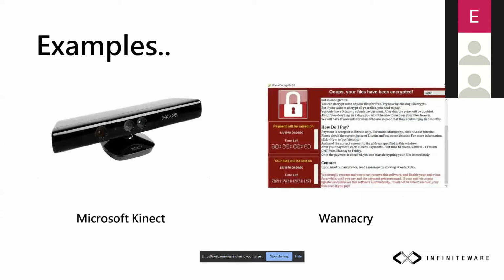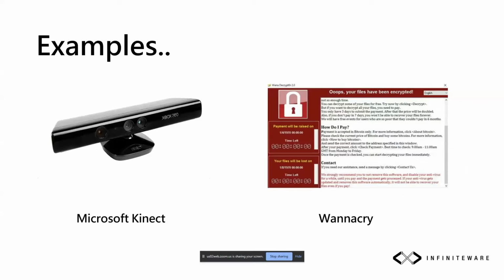Now, a good example is Microsoft Kinect. If you've ever been a gamer, you'll know that Kinect came in back in the day for the Xbox 360. The Kinect hardware was basically a proprietary solution that works on Microsoft platforms.